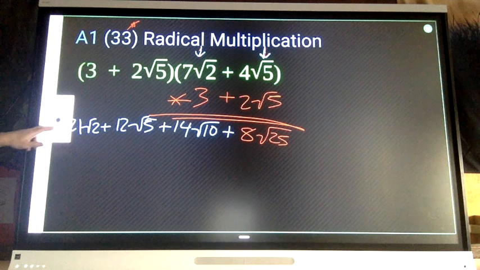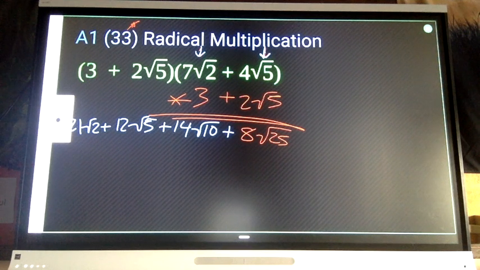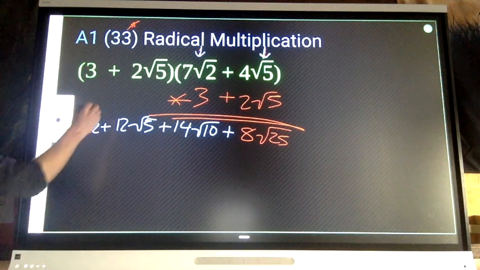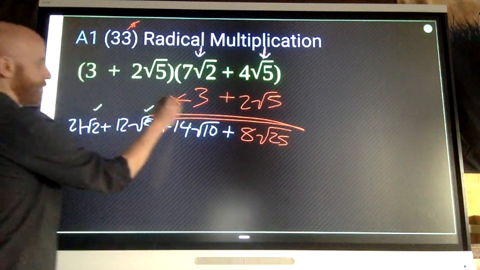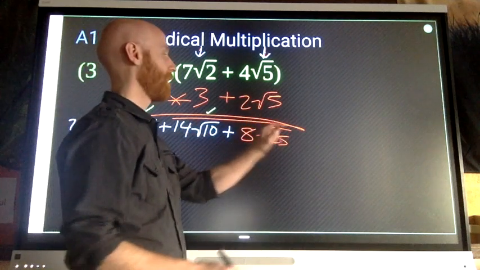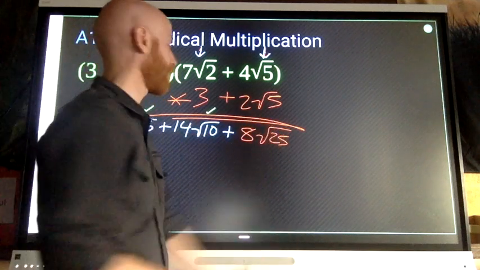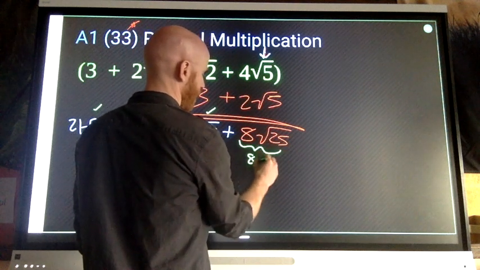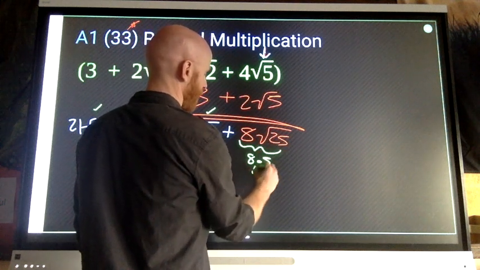All that from our multiplying. Then check your square roots. Square root of 2 can't be simplified. Square root of 5 can't be simplified. Square root of 10 can't be simplified. But this one can be. The square root of 25 is 5, so this is 8 times 5, which is just 40.